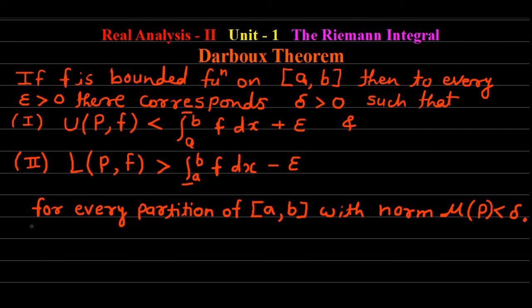And this is for every partition of the closed interval [a, b] with its norm mu of P less than delta. So this is the statement of the Darboux theorem.